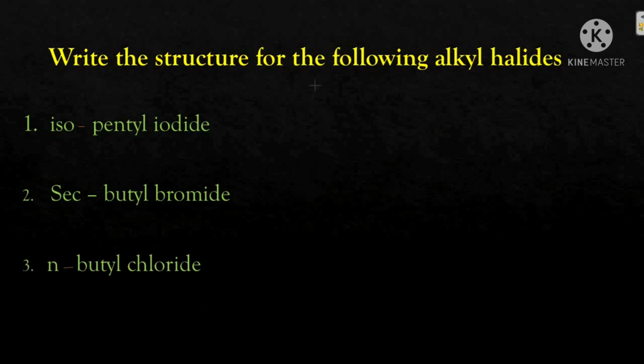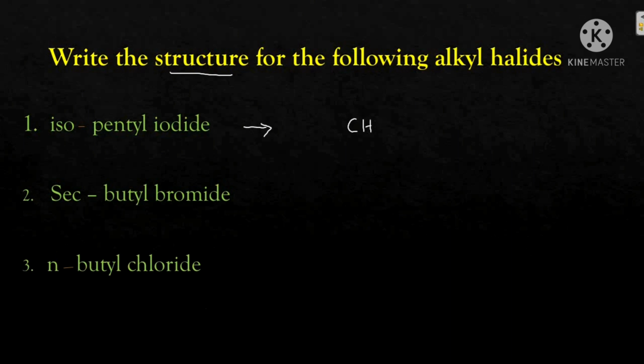Write the structure for the following alkyl halides. Some alkyl halides are given and you are asked to write the structure. Now, isopentyl iodide. Iso means a methyl group is attached to a carbon atom which is next to the end carbon.